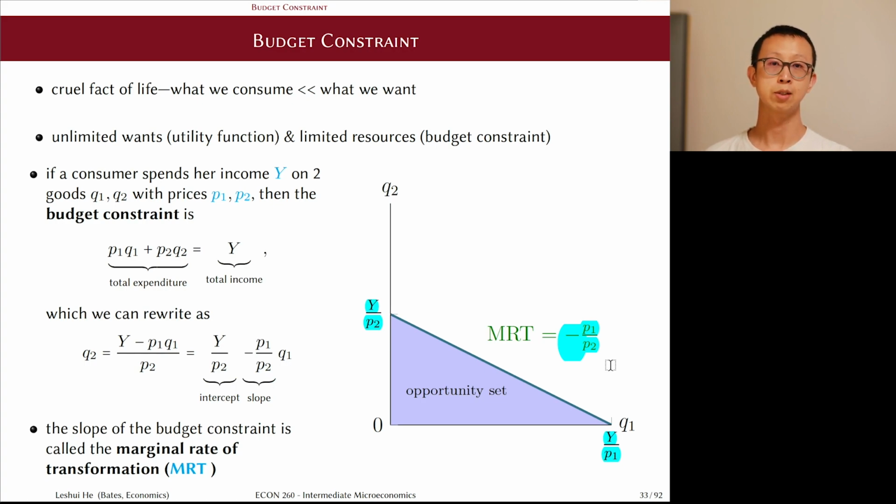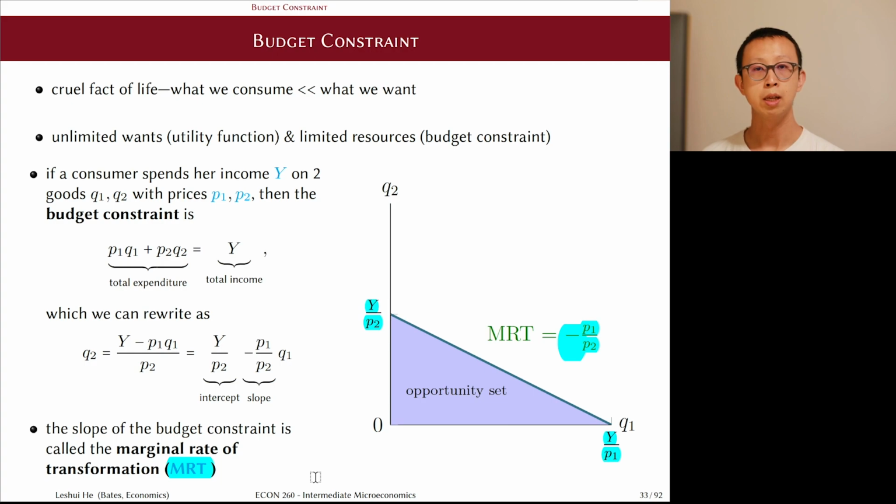It turns out the slope of the budget constraint is a very important element in determining the consumer's choices. Because we'll refer to it repeatedly later on, it is useful to put a name on this object. We will call it the marginal rate of transformation, or MRT for short.